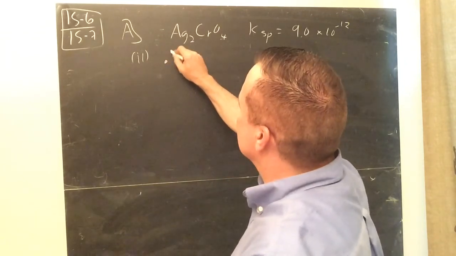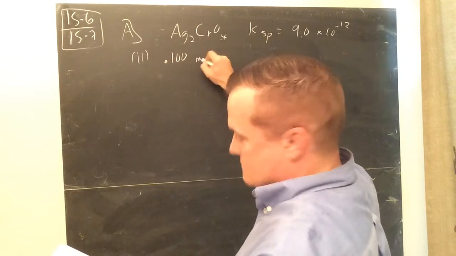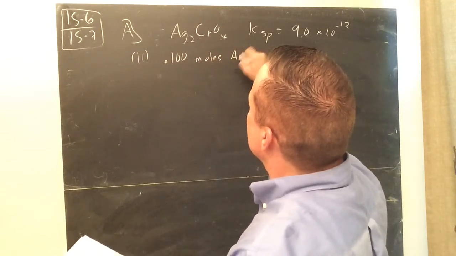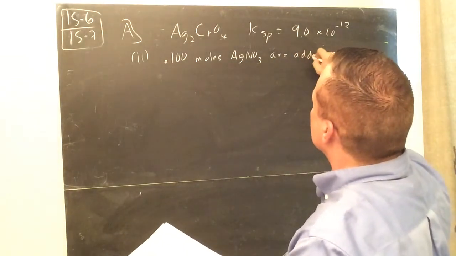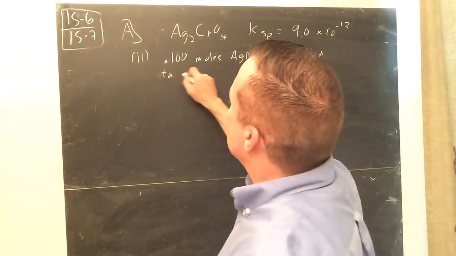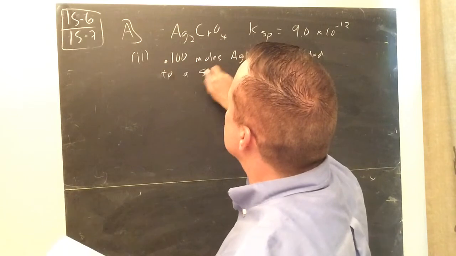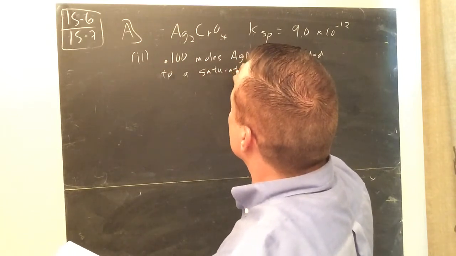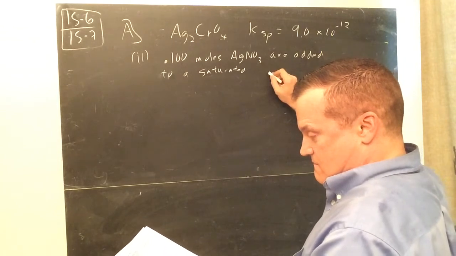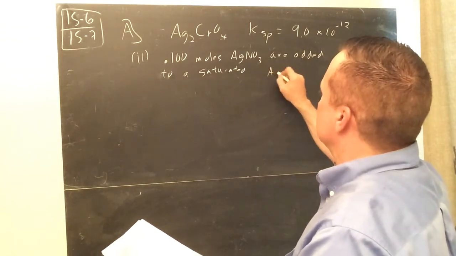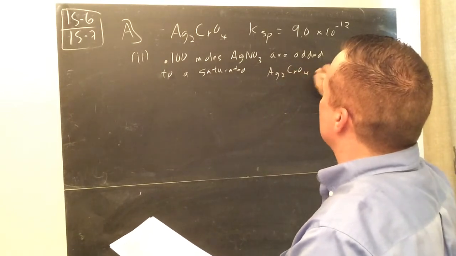0.100 moles of silver nitrate are added to a saturated Ag2CrO4 solution.